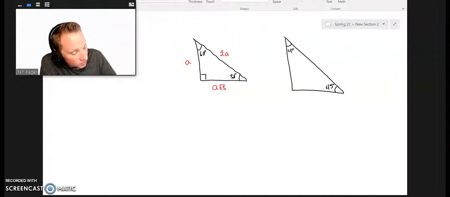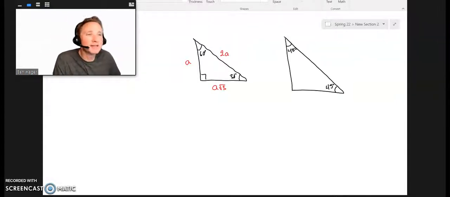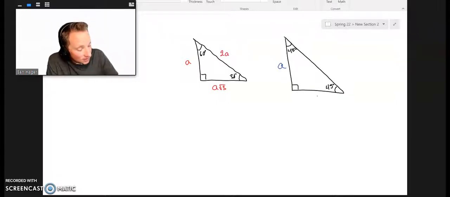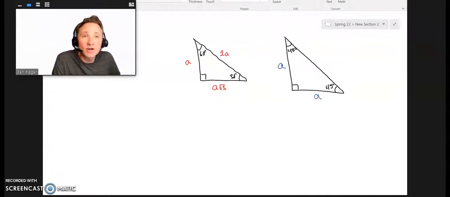And my first triangle there is really not drawn to scale. They both look like 45 degree angles, but never trust a picture in math, right? Always trust the labeling. Anyways, with a 45, 45, 90, it's an isosceles triangle, so the side opposite one of the 45s, if we call it A, then the other side is also A because it's also opposite a 45-degree angle.